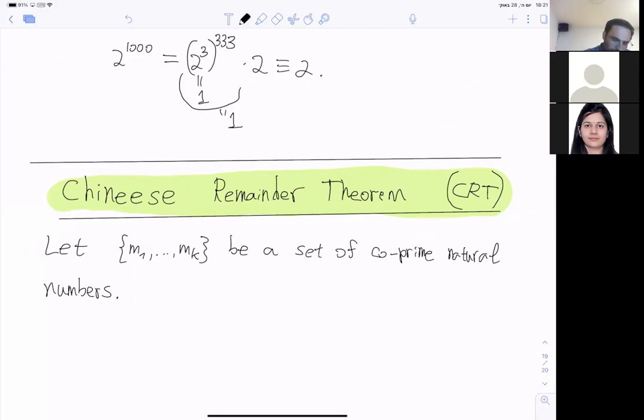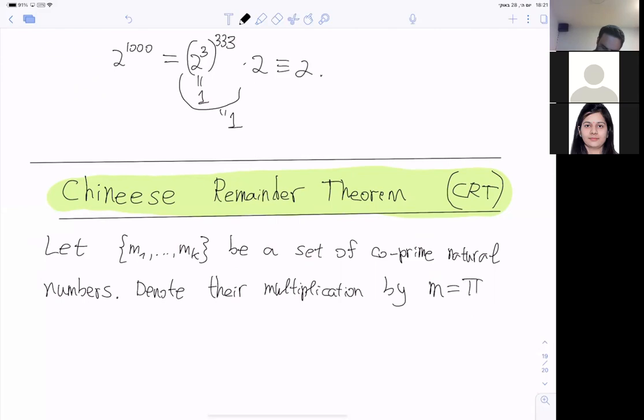Okay, denote their multiplication by M. So M is actually the multiplication of these Mi.